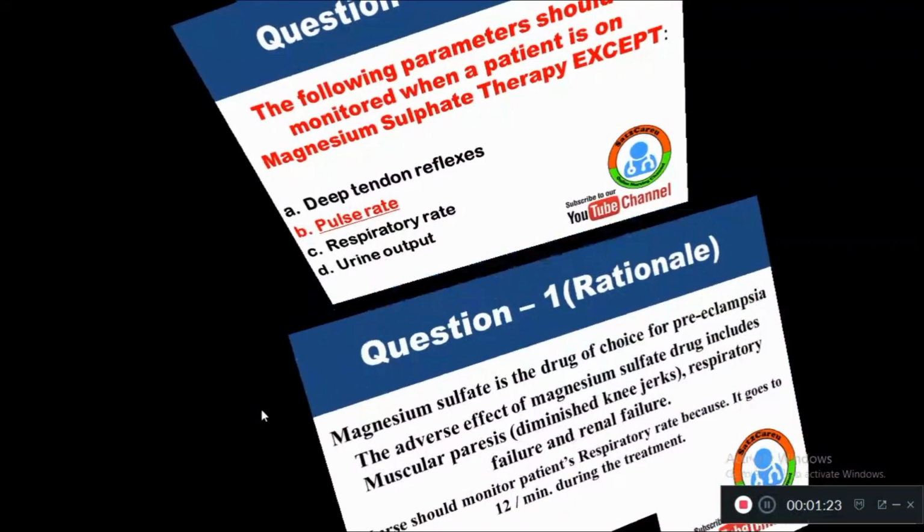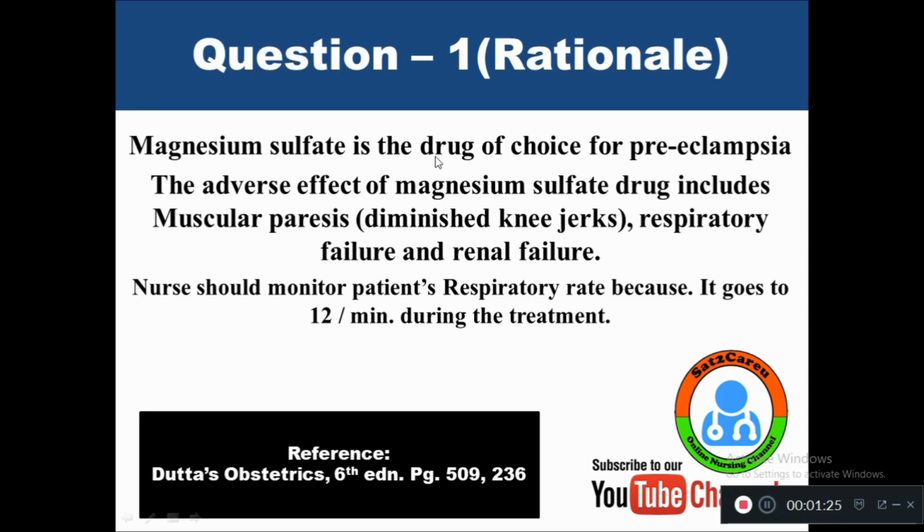Let's see the rationale here. Magnesium sulfate is the drug of choice for preeclampsia. The adverse effects of magnesium sulfate include muscular paralysis, which is significantly diminished knee jerks, respiratory failure, and renal failure.